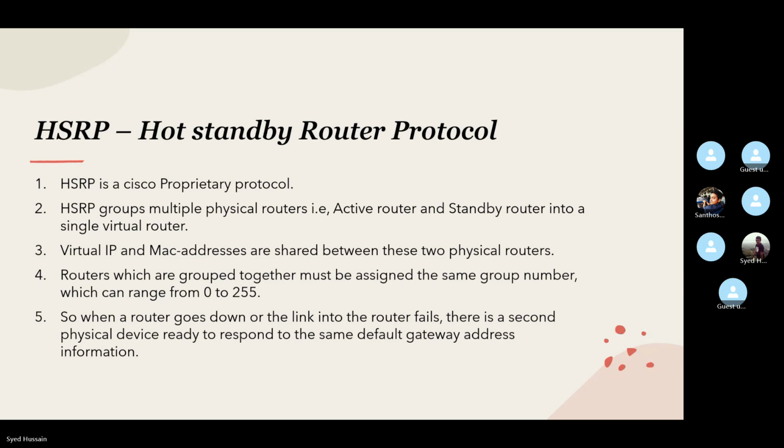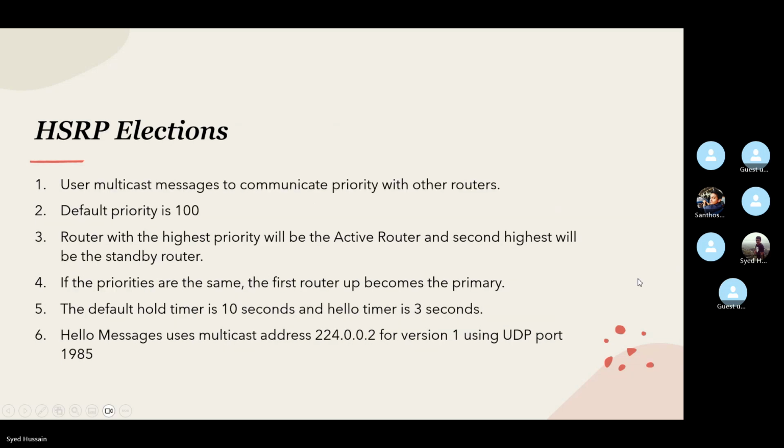Let's see how the election process works. For example, if one goes down, how is the second one selected? Routers use multicast messages to communicate priority. We have a multicast IP address here, as you can see in the last sixth point: 224.0.0.2 is the multicast IP address.